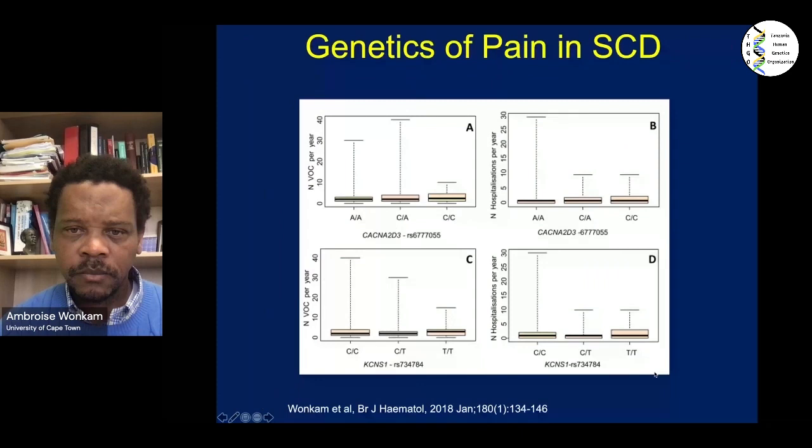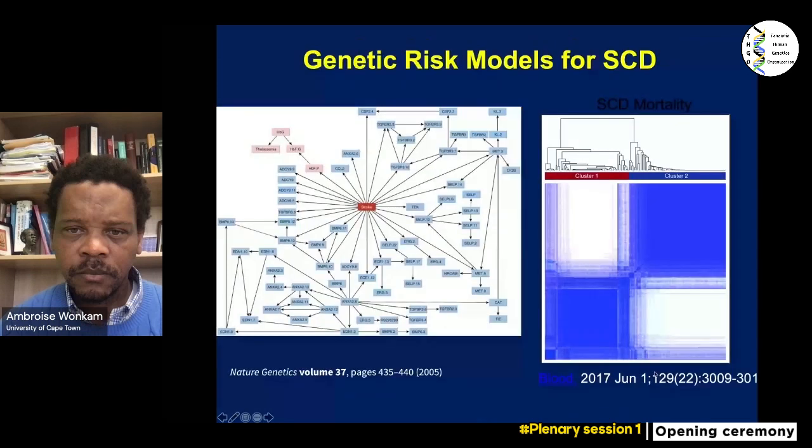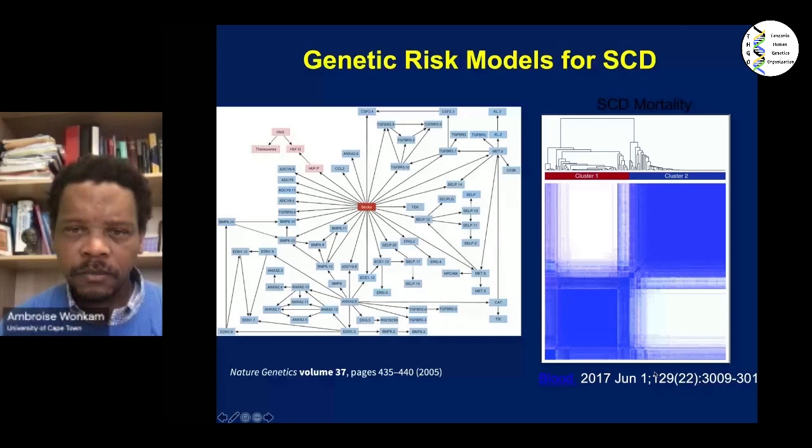And some other studies in America have shown that using a Bayesian model, a mathematical model, you may be able to predict stroke using a combination of variants in multiple genes, or using a peripheral transcriptomic to classify a patient as highly likely to die or not to die.